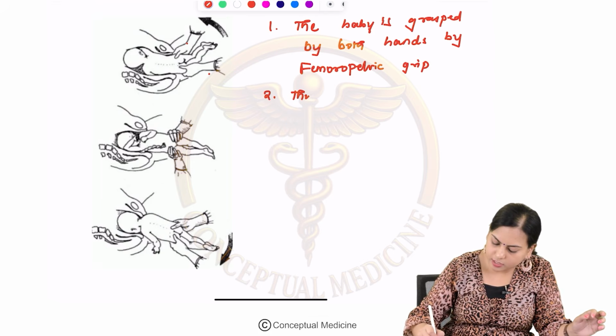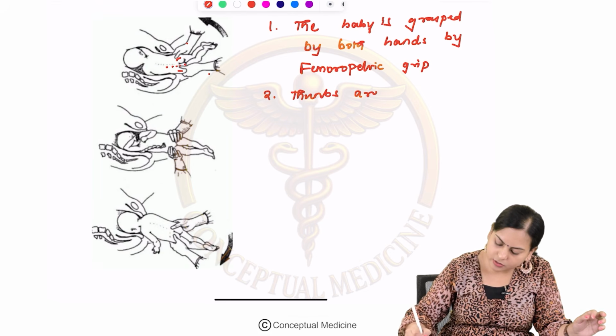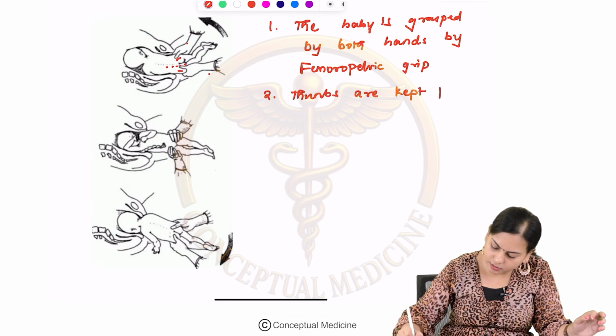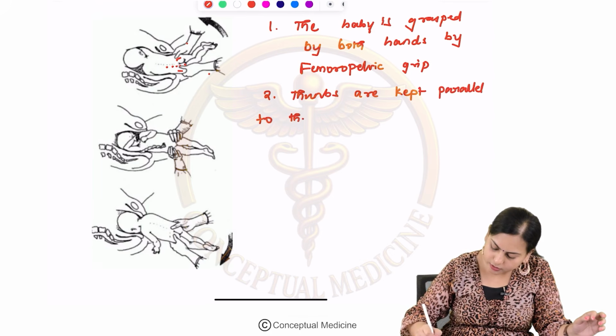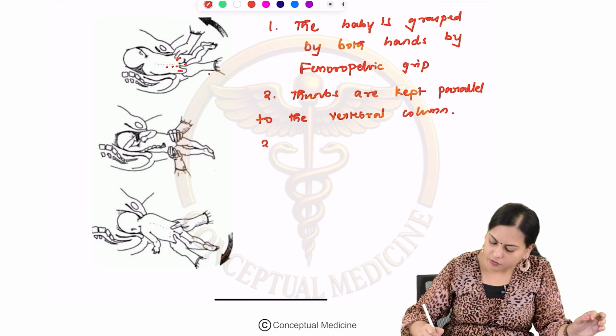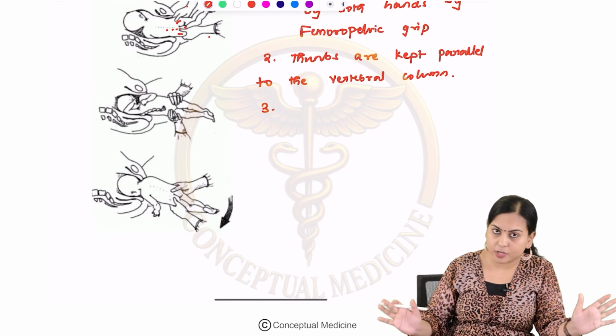Then, if you see the thumbs, they are kept parallel to the vertebral column, right? Now, you should start this maneuver only when the inferior angle of the scapula is visible.